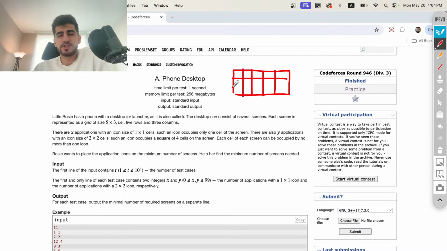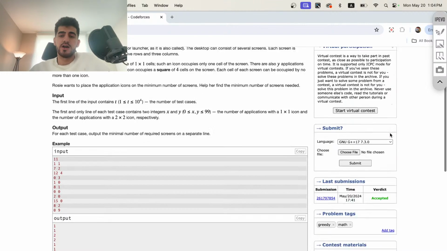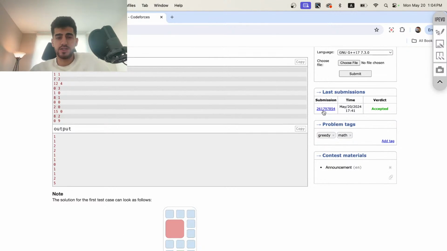I try to put as many 2 by 2s as possible because they have more constraints, because their 4 cells should be next to each other. It's better if I put as many as possible first, and put the rest of the cells one by one. I do this until I run out of 2 by 2s, and then I can easily count how many of the remaining shapes those 1 by 1s will take.